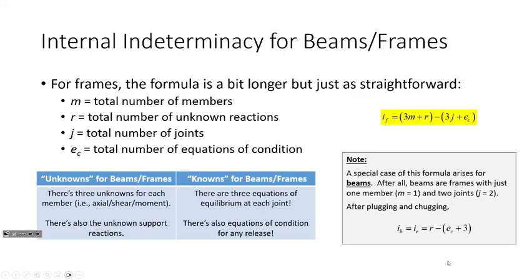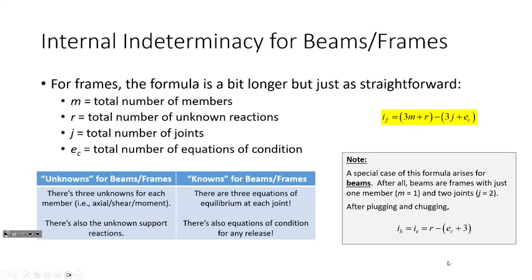All we're doing is collecting all of our unknown quantities for beams and frames on one side and our known quantities on the other. Our unknowns are the support reactions, and for every member we have 3 unknowns because we have axial, shear, and moment. For our knowns, we have any releases, any hinges, and for every joint there are 3 equations of equilibrium. So we're able to write an expression for internal indeterminacy pretty easily.